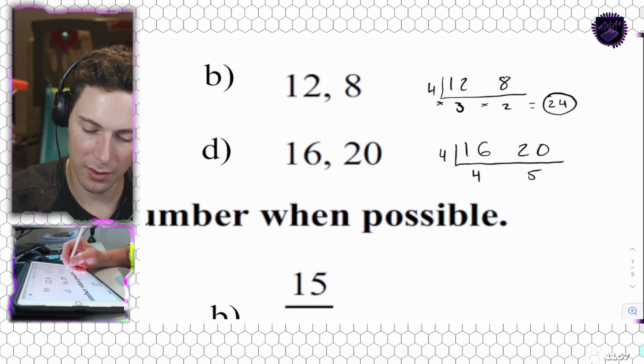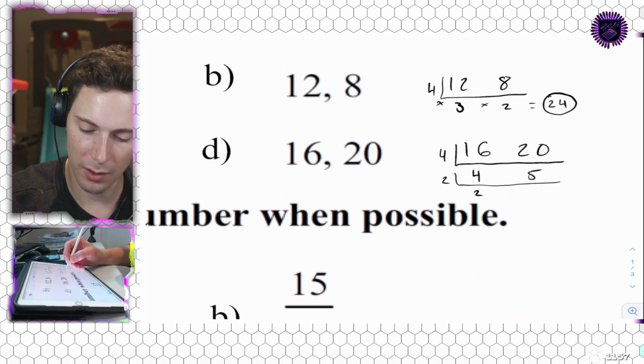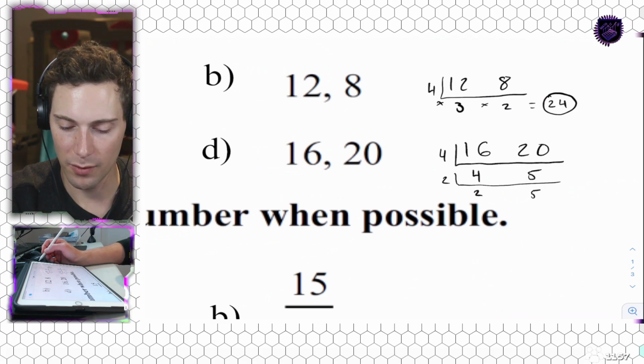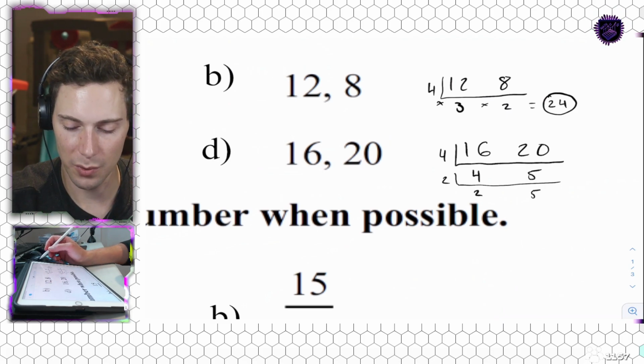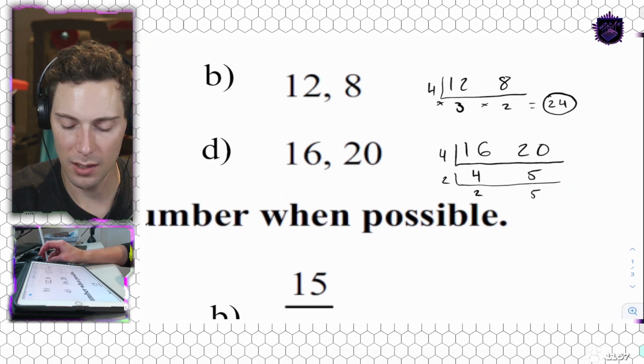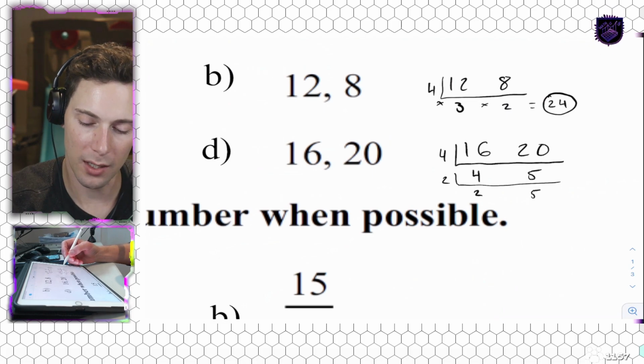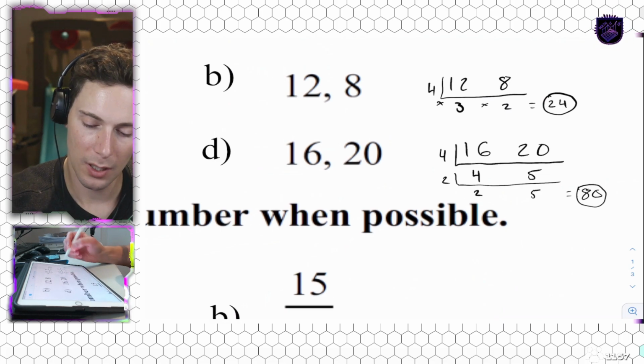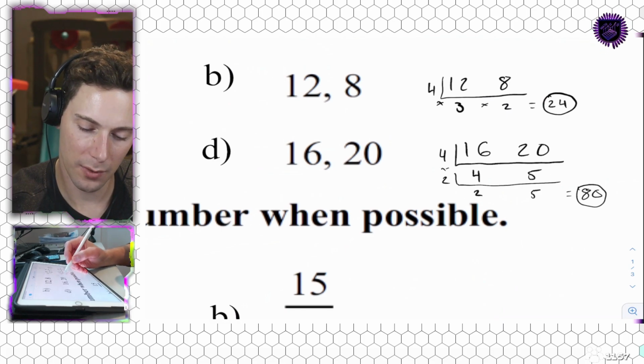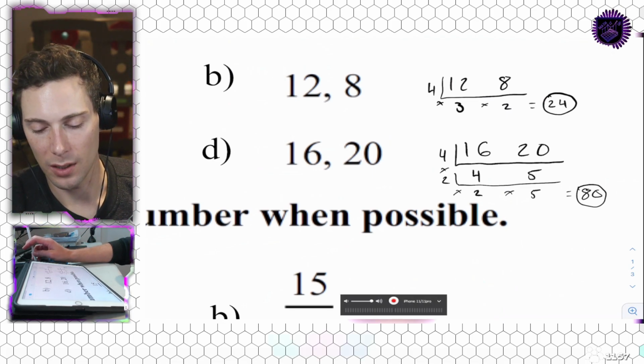And we can break this down by 2, and 2, and 2 does not go into 5. 4 times 2 is 8, times 2 is 16, times 5 is going to be 90. No, 80. LCM 80. 4 times 2 is 8, times 2 is 16, times 5 is 80.